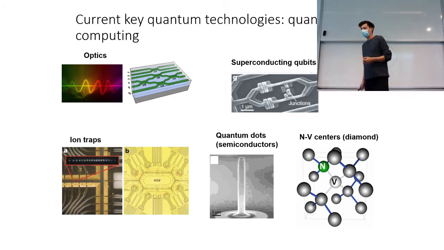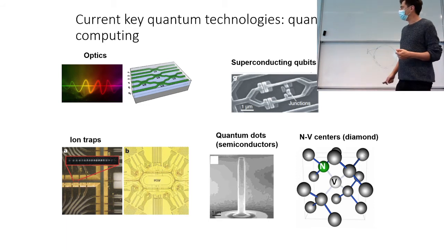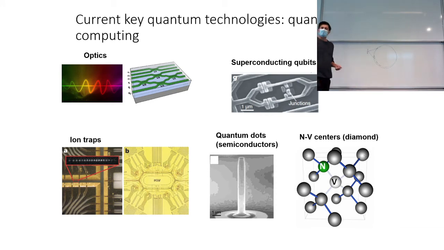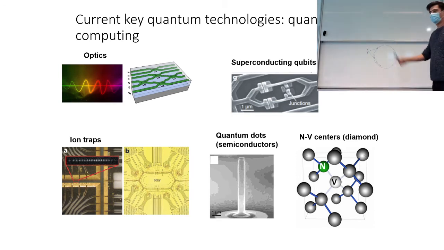But we have a pretty original scheme of also making a type of quantum computer, and ours is closest to this ion trap one, but we're using neutral atoms, not the ion, so it's a little bit like that one.